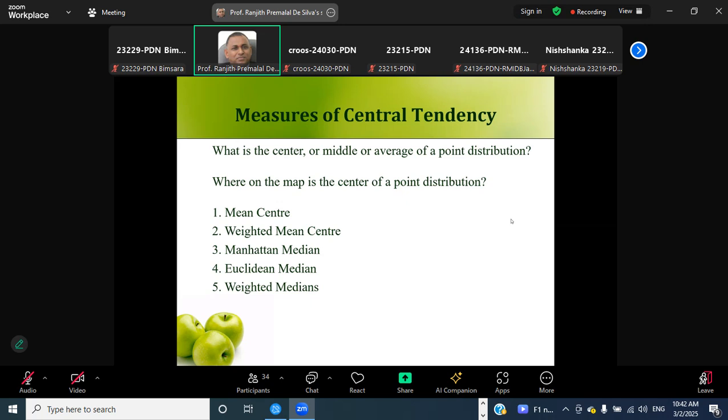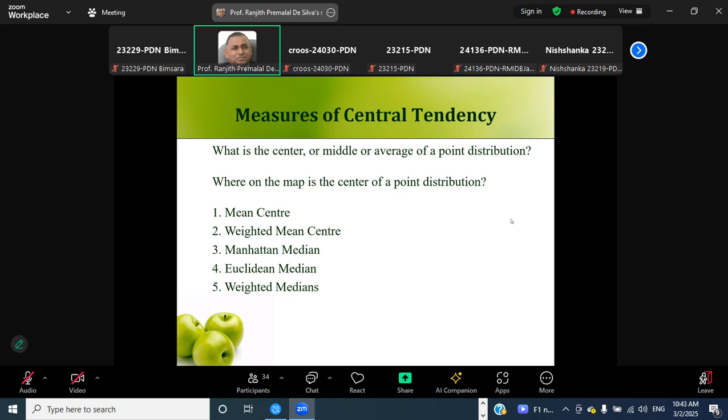We can calculate 5 things: mean center, weighted mean center, Manhattan median, Euclidean median, and weighted medians. We'll go into each one of these and see how we can calculate. All these are available now on ArcGIS Pro or ArcGIS.